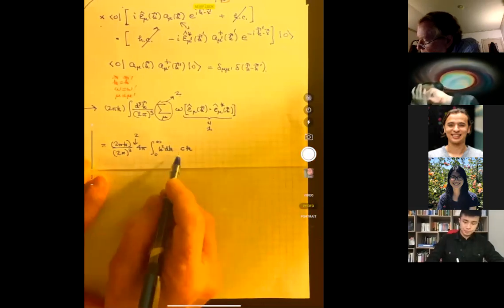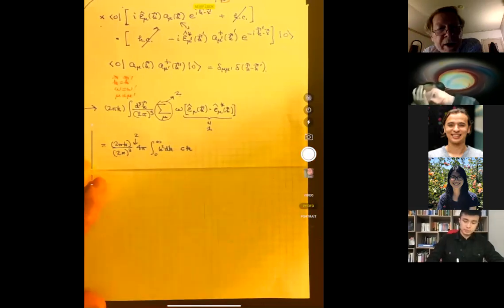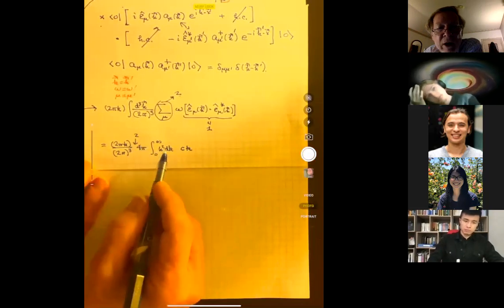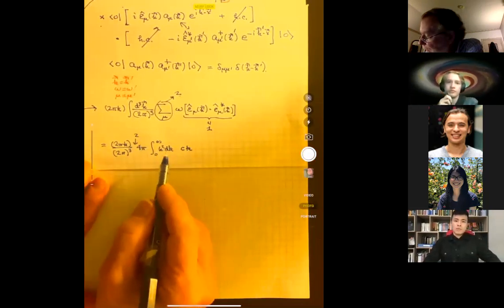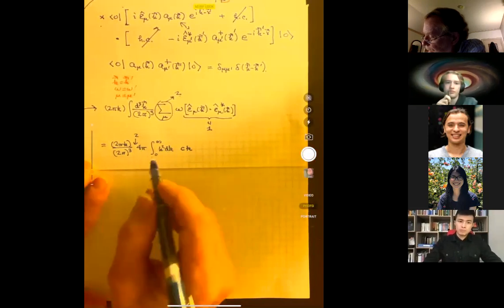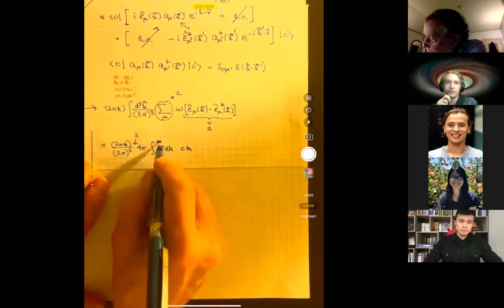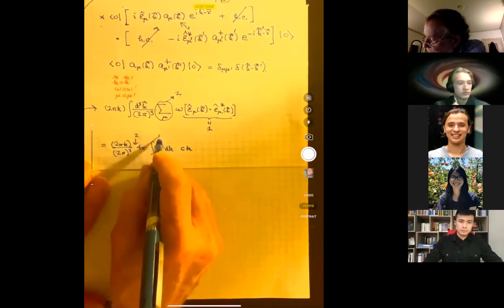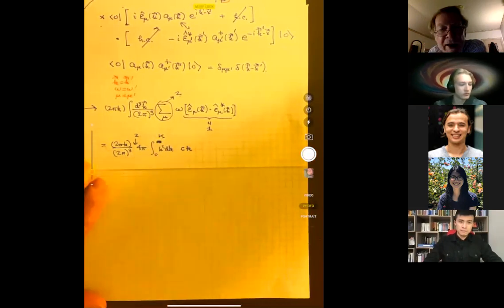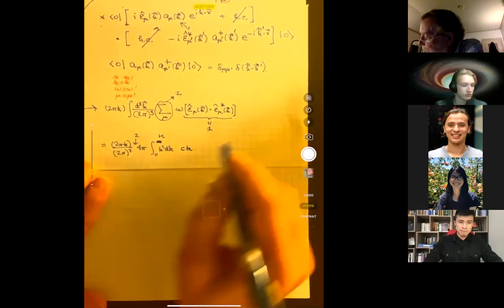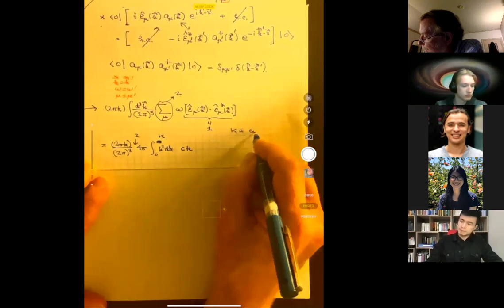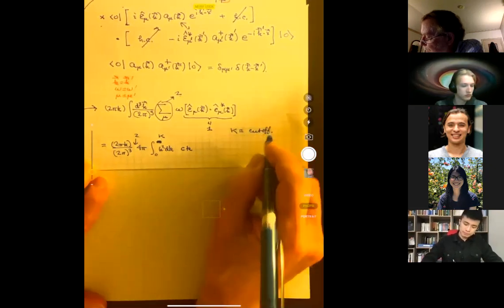And you can see already by looking at this that this integral is going to be infinite because it's basically the integral over all k, magnitude of k now, of k cubed, which is going to go like k to the fourth. To give us something to work with, let's replace the upper limit of infinity by some capital K, which is a kind of a cutoff. Let's let K be equal to a cutoff here. We'll worry about what that is in a minute.